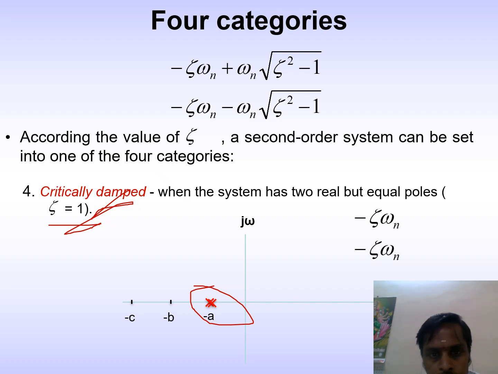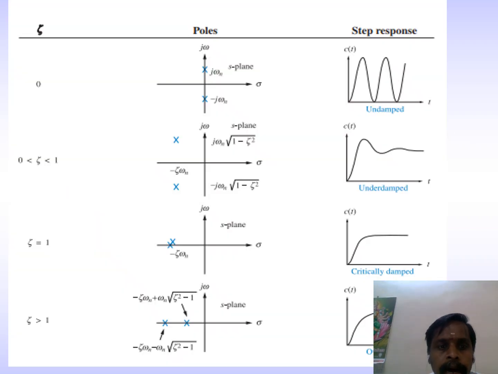So these are the four different categories of second order systems, and here is a consolidated figure for them. Zeta is 0, it is undamped, and the step input response is sustained oscillation. If zeta is between 0 and 1, it is underdamped with oscillatory behavior.